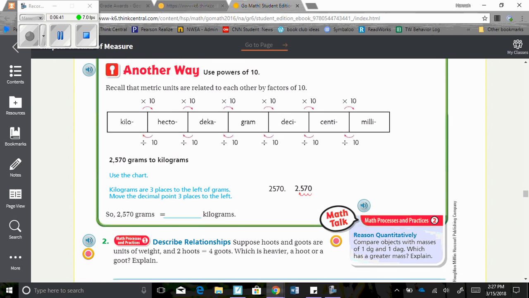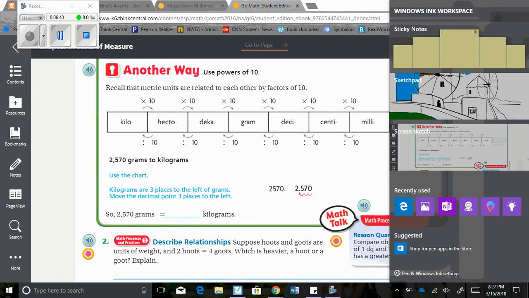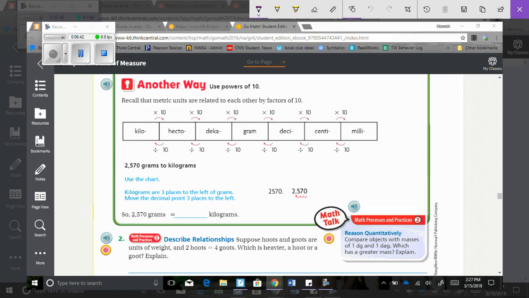Another way is to use powers of 10. Recall that the metric units are related to each other by factors of 10. From kilo to hecto, deca, deci, centi, milli. It's the same chart we've been using, we're just adding a different unit to the end of it. So 2,570 grams to kilograms.